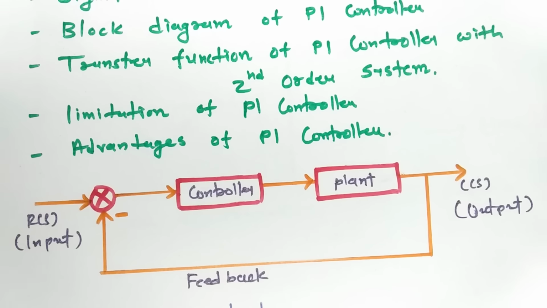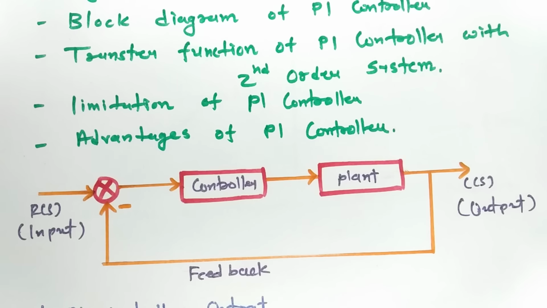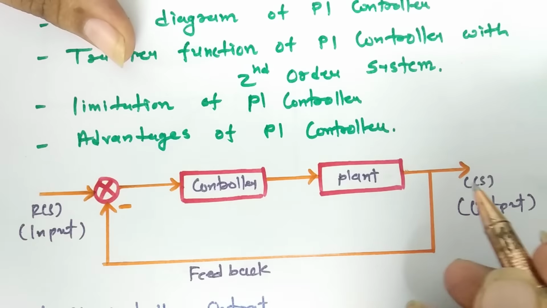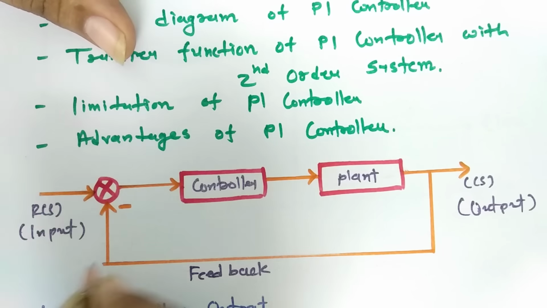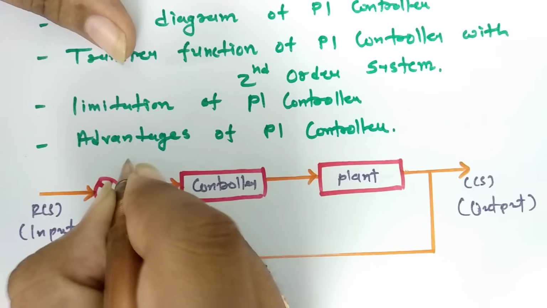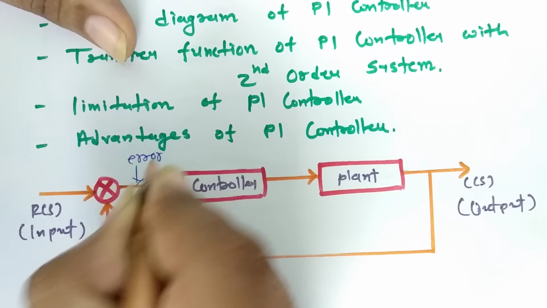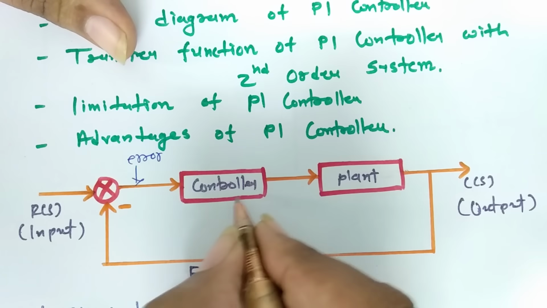Now see, when we talk about basic control system with closed loop system, then we'll be finding control system will be somewhat similar to this, where here output of plant, that is what we are giving it at feedback. So difference of input and output, that is what error signal, and that error signal is being given to controller.